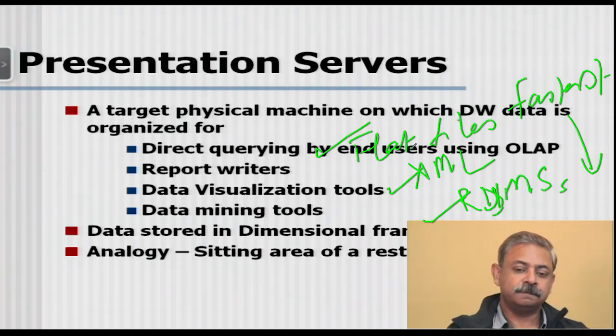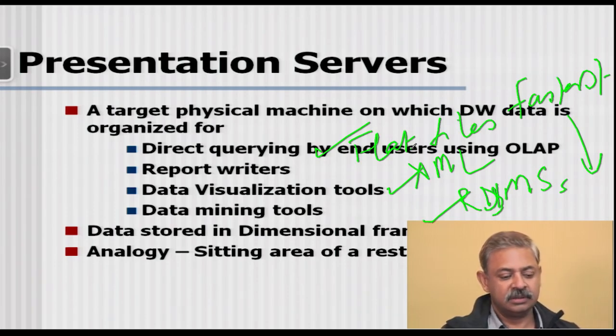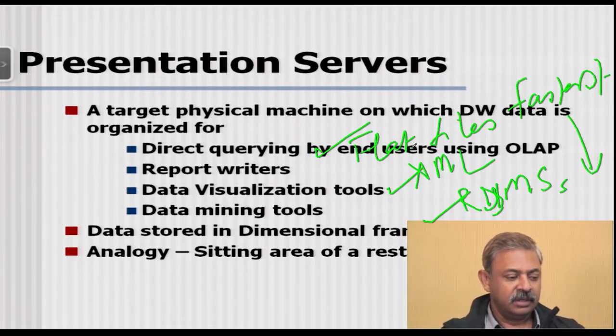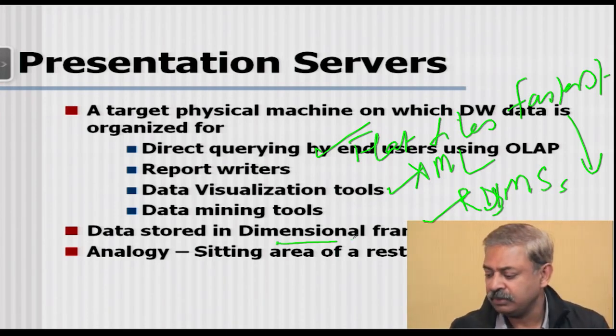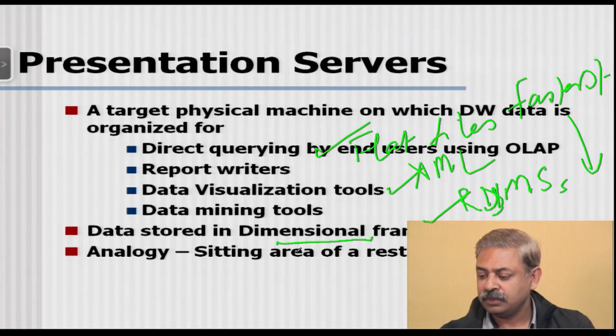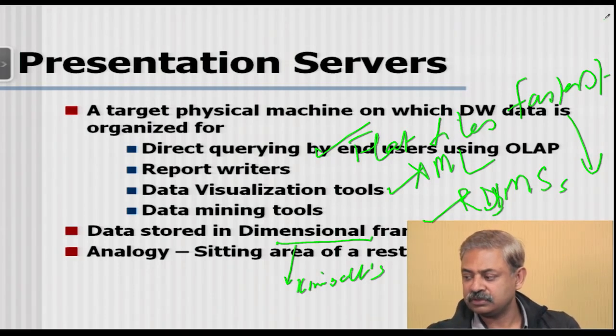So the data in the data warehouse can support all these kinds of operations or analysis on the data. And data is stored in a dimensional framework. Whenever I use the word dimensional framework, I typically mean that we are following Kimball's approach as far as design of the data warehouse is concerned.